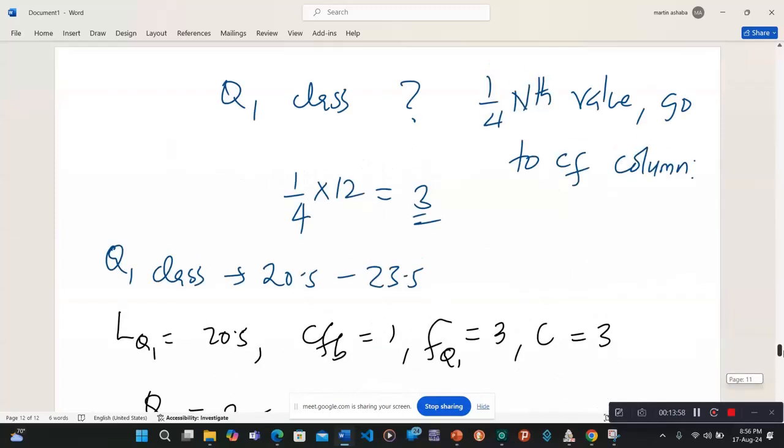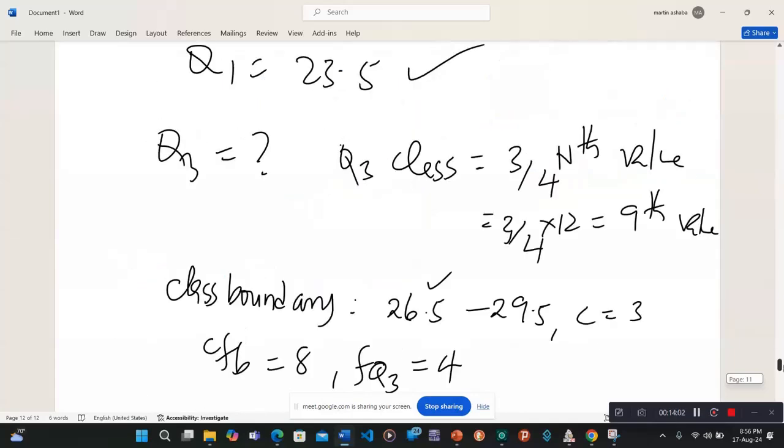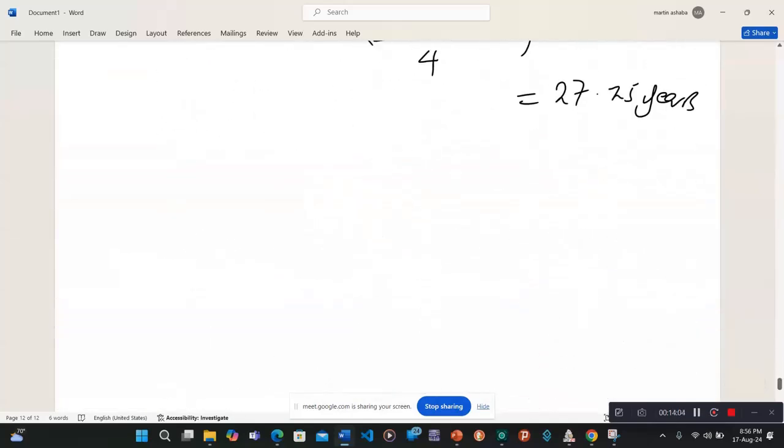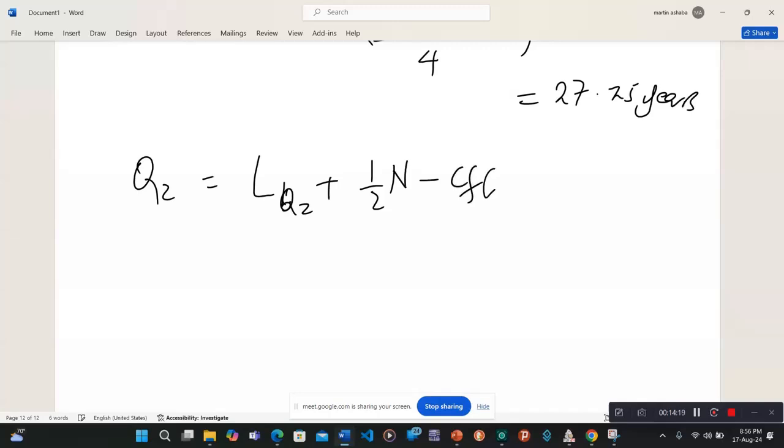Q2 gives you the median. Remember, if we are talking about Q2, Q2 would be L of the Q2 class plus a half n minus the cumulative frequency of this class, divided by the frequency of the Q2 class, times c.